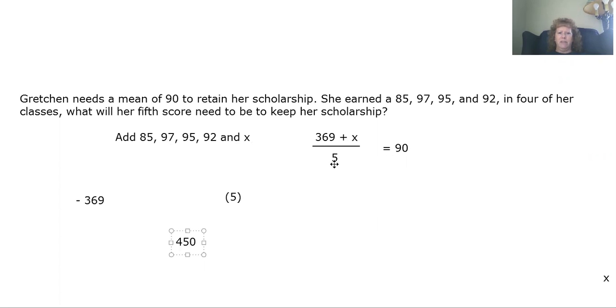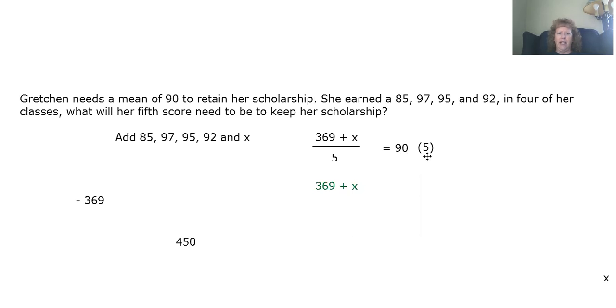So instead of dividing by 5, if we multiply by 5, that would cancel this side out, and we would have this amount. And I'm sorry this wasn't in the choices. You didn't really have to rewrite it, but I should have included it here just to be clear. So when we canceled out the 5, we would be left with this.